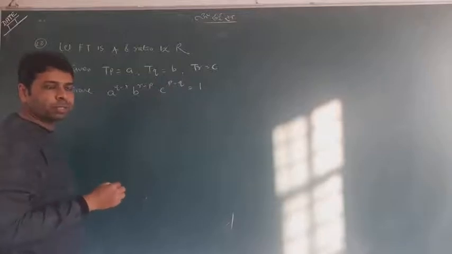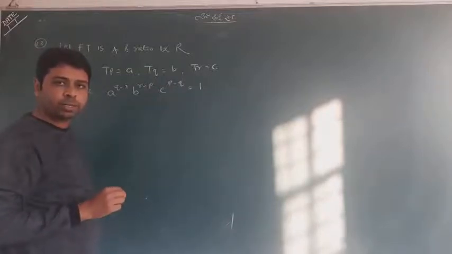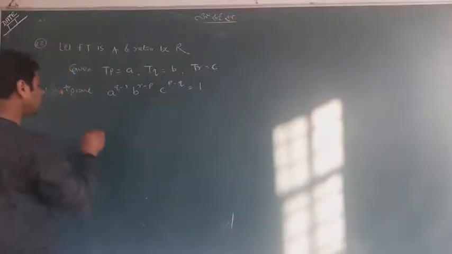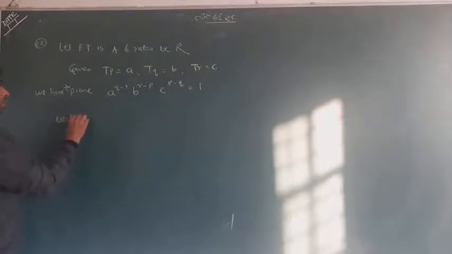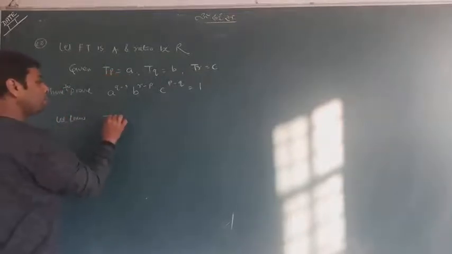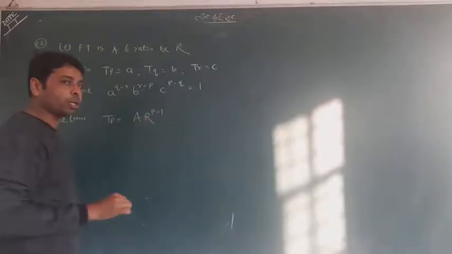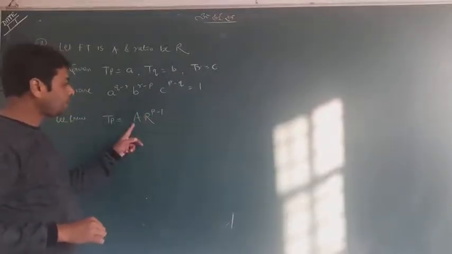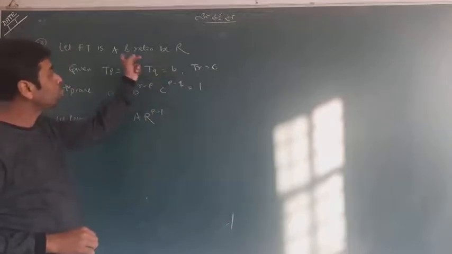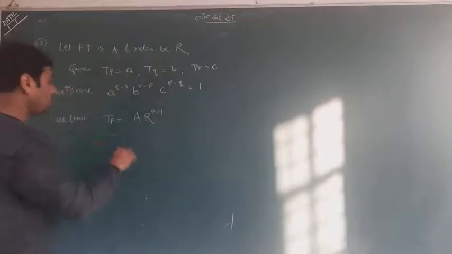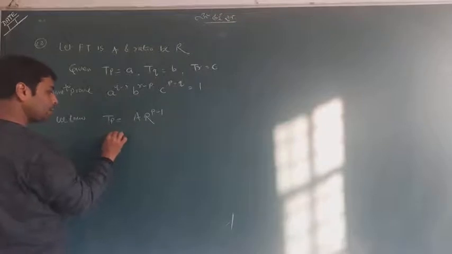First of all, we'll go with Tn. The formula of Tn, you know, is A R to the power n minus 1. We know that Tp is A R to the power p minus 1, it's the pth term. Capital A is the first term, capital R the ratio, because I assumed that initially. The value of Tp is a.